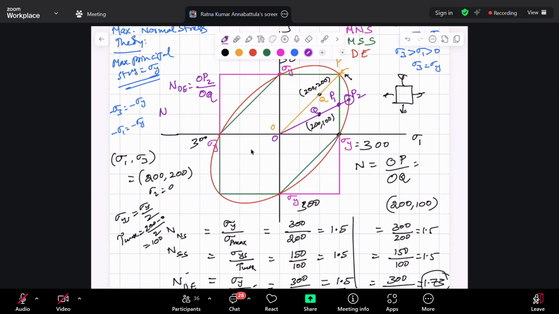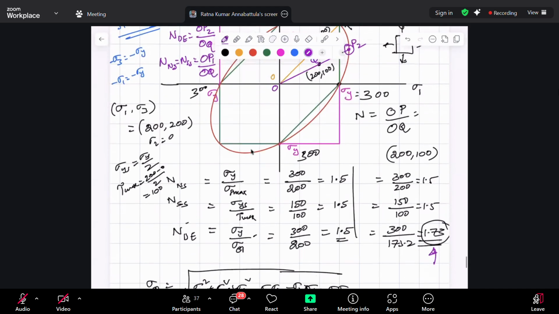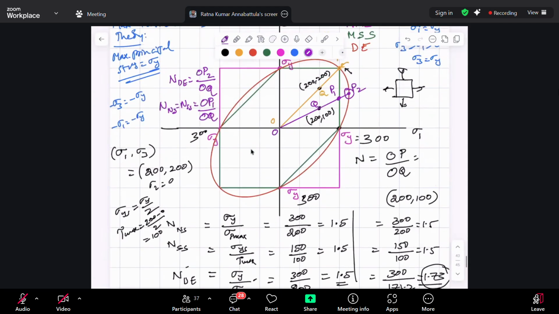Interestingly, in the first quadrant, maximum shear stress theory and normal stress theory coincide. Their surfaces are one and the same. And hence, normal stress theory is equal to shear stress theory, that is equal to OP1 by OQ. And you know, OP2 length is larger than OP1 length, and hence, distortion energy theory will give you a higher factor of safety compared to maximum shear stress.